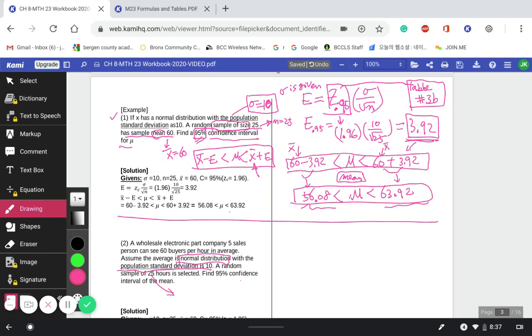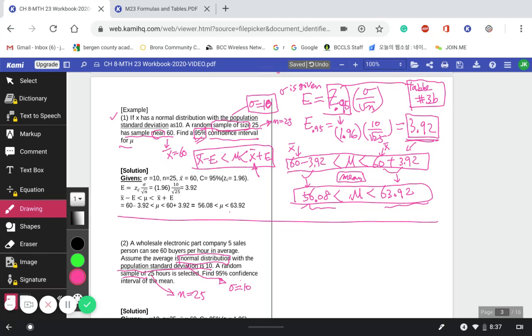Since they say random sample of 25, that's the size, so n becomes 25. And from population standard deviation is 10, we find that sigma is 10.